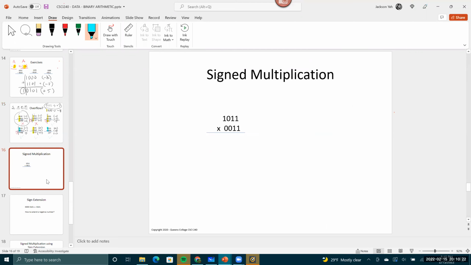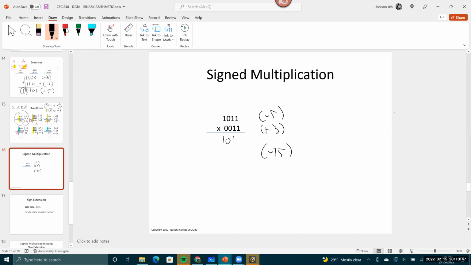Okay, now for sign multiplication. Sign multiplication, unfortunately, is not going to be the same as regular multiplication. The top number is -5, the bottom number is +3. If I multiplied it, my expected answer is -15, right?